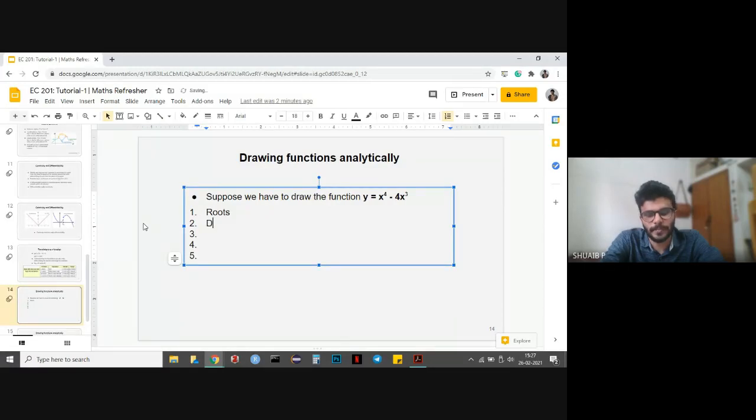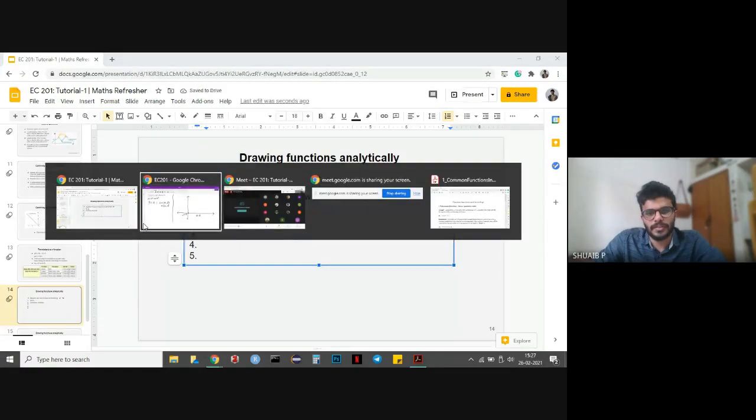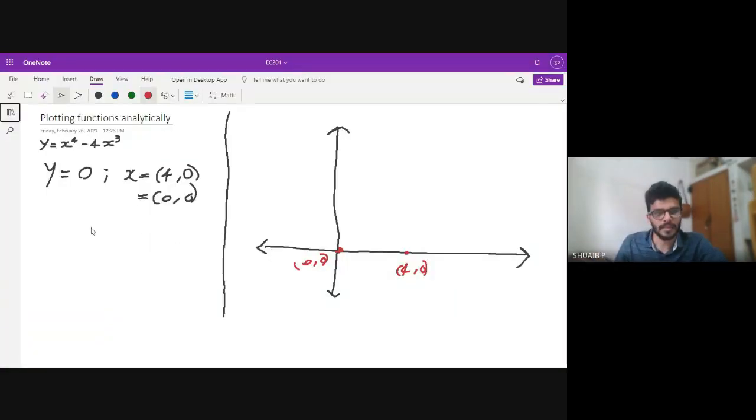So it would be getting the derivative and essentially getting the extrema. So this will be the root.